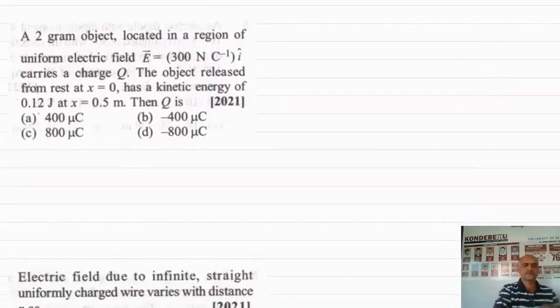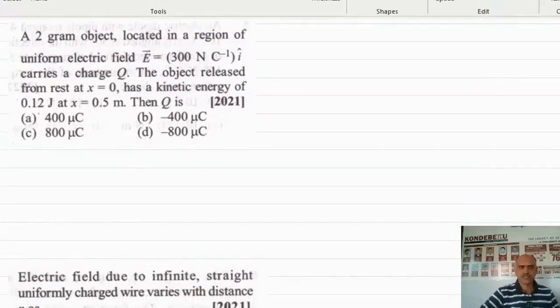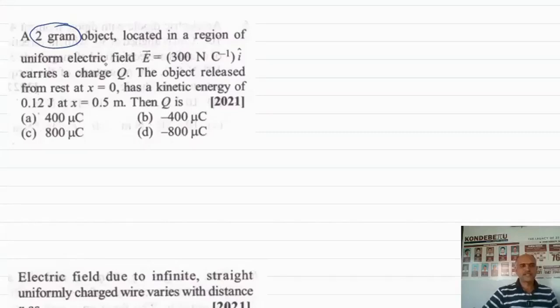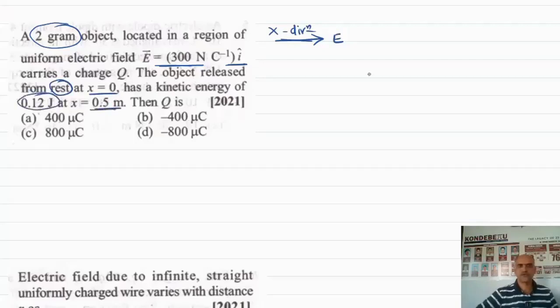Next, a 2-gram object. The mass of the object is given as 2 gram, located in a region of uniform electric field 300 Newton per coulomb. The field is in the x direction. So in the x direction you have the electric field E. The object is released from rest at x equal to 0 and has kinetic energy of 0.12 joules at x equal to 0.5.